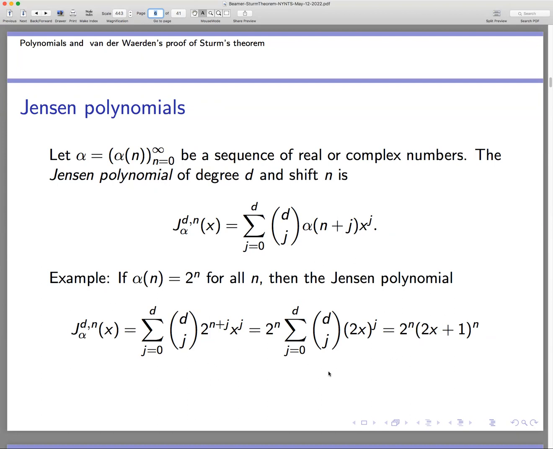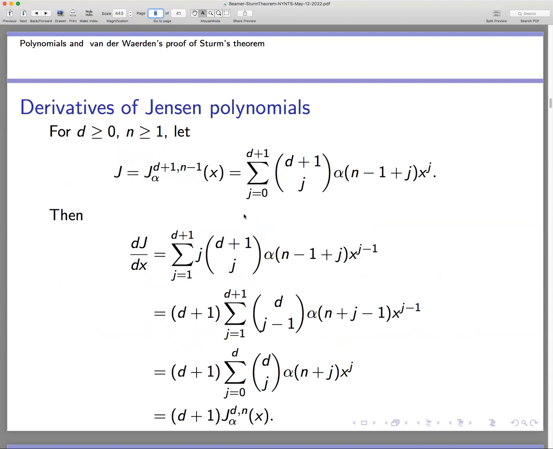That's just a trivial example of a Jensen polynomial. This one is hyperbolic, of course, because the only root is -1/2. So these Jensen polynomials, for all degrees and all shifts, are hyperbolic.